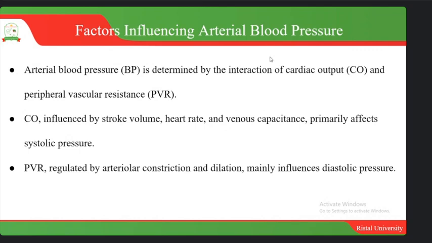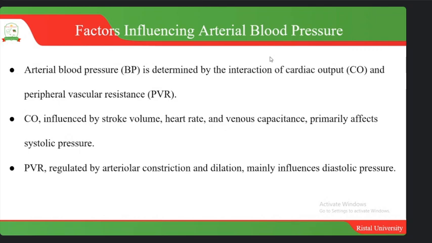And then we also want to talk about the peripheral vascular resistance, which is regulated by arterial constriction and dilation, and mainly influences the diastolic pressure. So it affects more of the diastolic pressure, and you see that the diastolic pressure is basically the lower pressure.